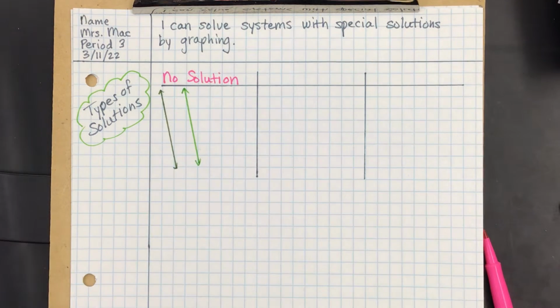Those two lines right there, there would be no solution. There's no place where they cross, where they share a point. They share no point, so there is no point in the world that would satisfy both of those equations, okay?